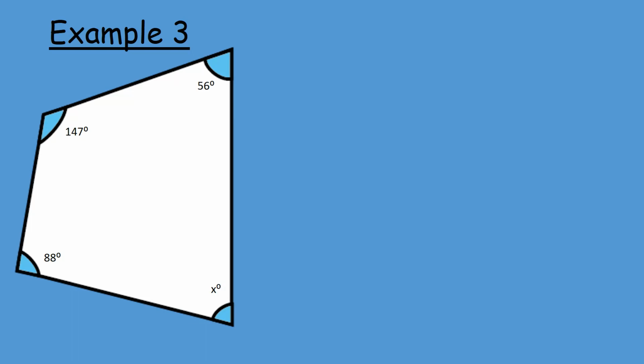Okay, so same as always. I'm going to add up our known angles. So I've got 56, 147, and 88. Add those together. So 6 and 3 is 13, plus 8 is 21. So I've got 1.